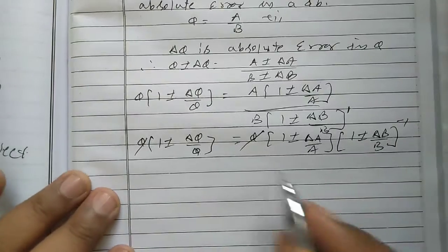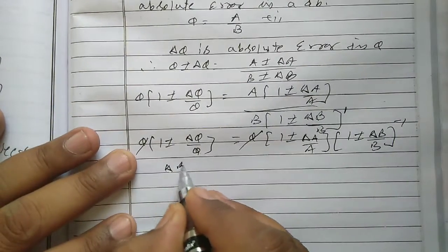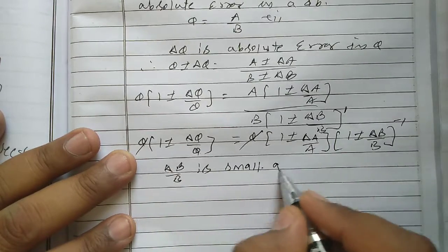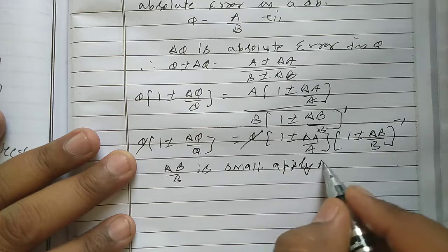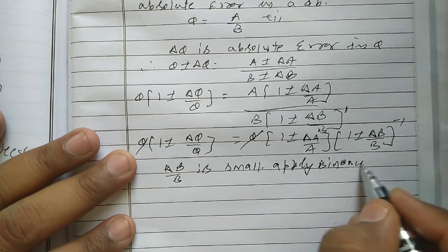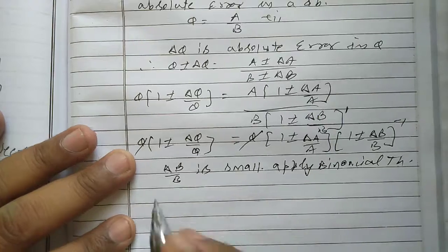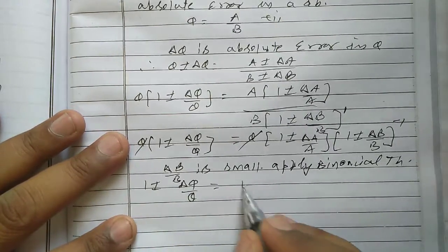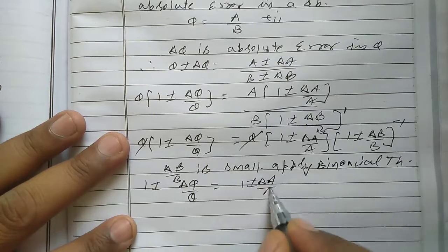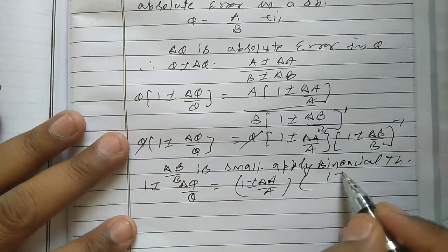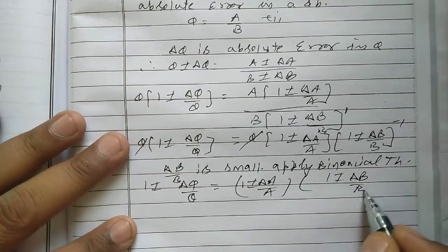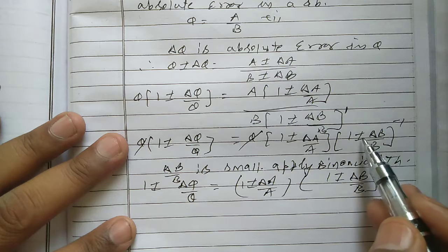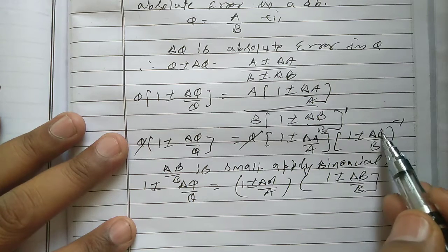Now delta b upon b is small, so apply the binomial theorem. We get 1 plus minus delta q upon q equals 1 plus minus delta a upon a into 1 plus minus delta b upon b to the power minus 1. In the binomial theorem, this power is multiplied by the numerator delta b.